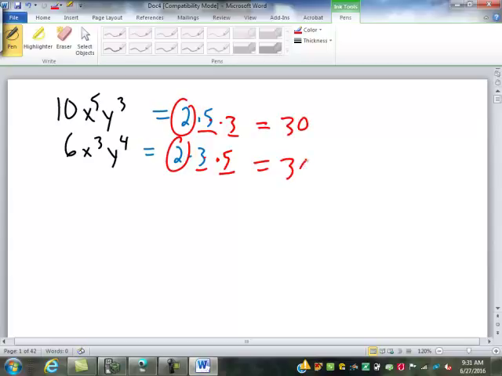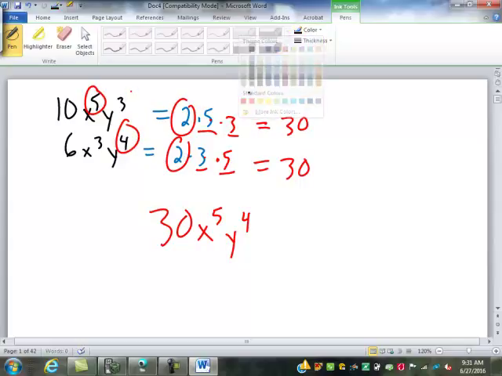Very good. What's the variable going to be? So we've got 30 as the number. It'll be x to the 5th, y to the 4th, because that's the largest power on each. For x, we had 5 and 3, so we use the 5. For y, we have 3 and 4, so we use the 4. Always the larger one when it's LCM.